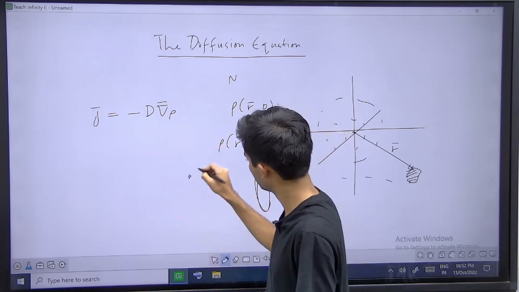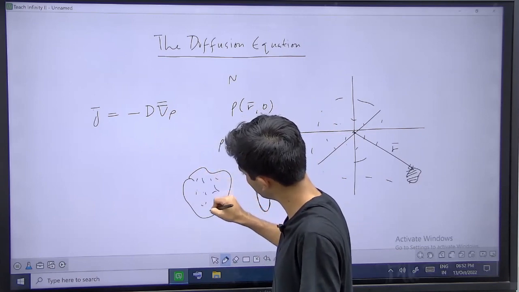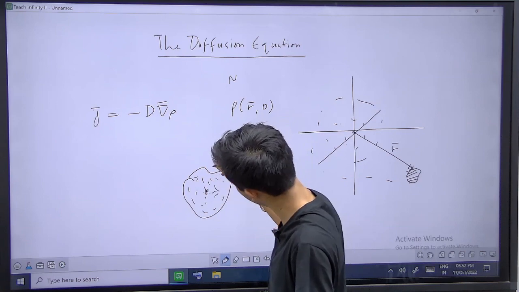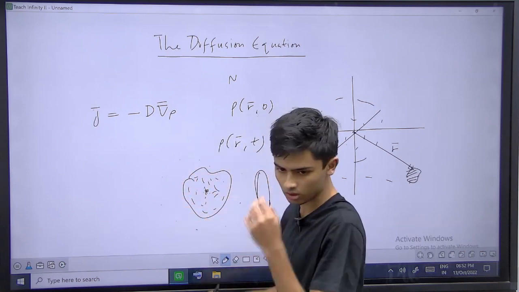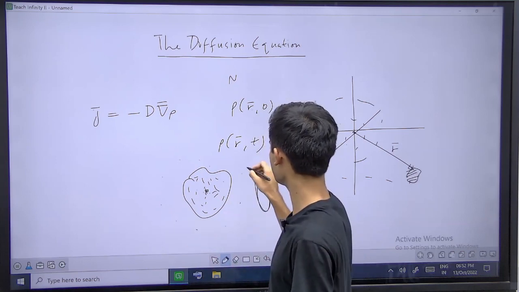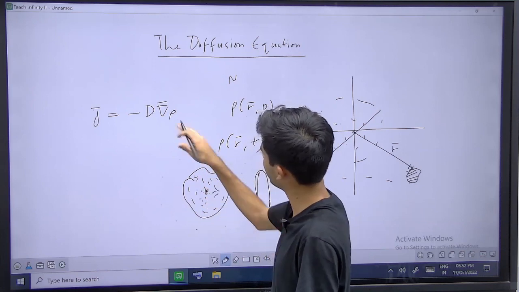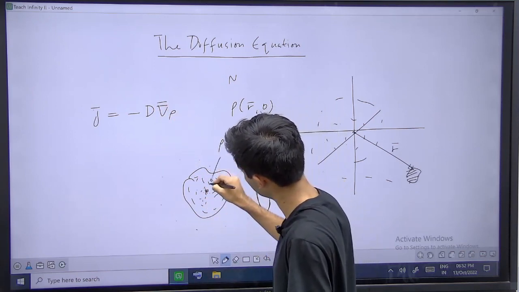So if I consider a volume where there are lots of particles, and suppose they are very dense towards the center and they smooth out further and they separate out further. So the gradient of this concentration of particles is in some sense inverse.